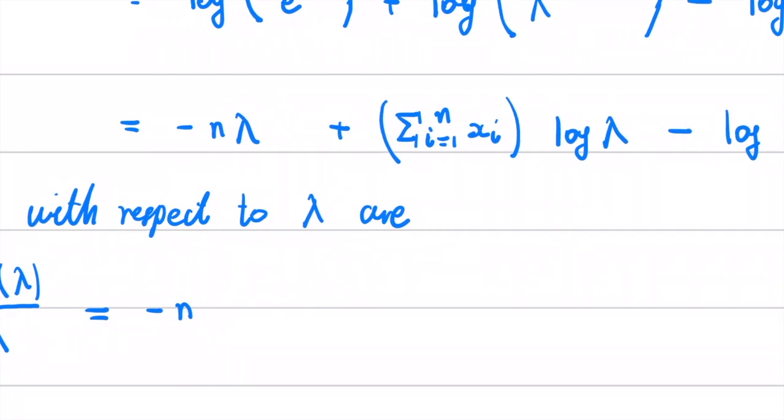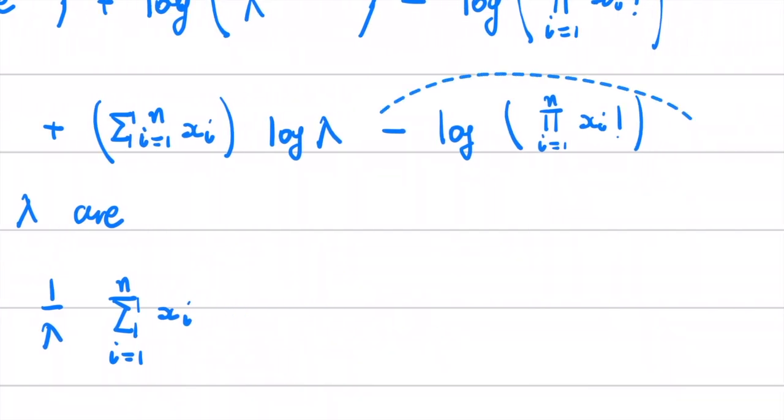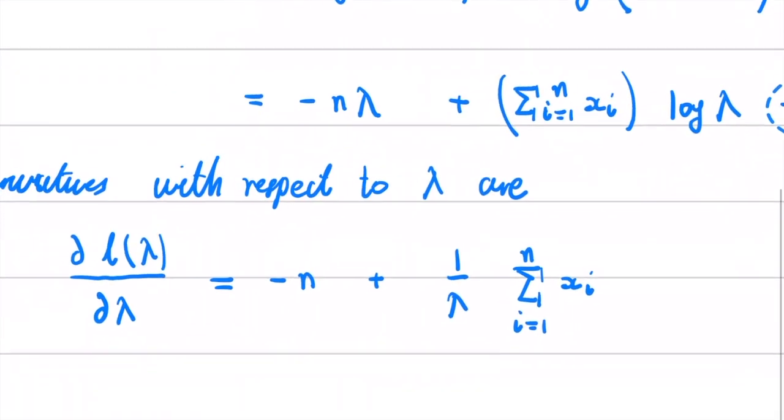The differential of this expression, you can treat this as a constant in lambda, like a constant at the front, but the derivative of log lambda is 1 on lambda. So you've got something like 1 on lambda sum i equals 1 to n xi here. And of course, there is no expression involving lambda here, and so when you differentiate this, it just simply becomes 0, so we leave it out.